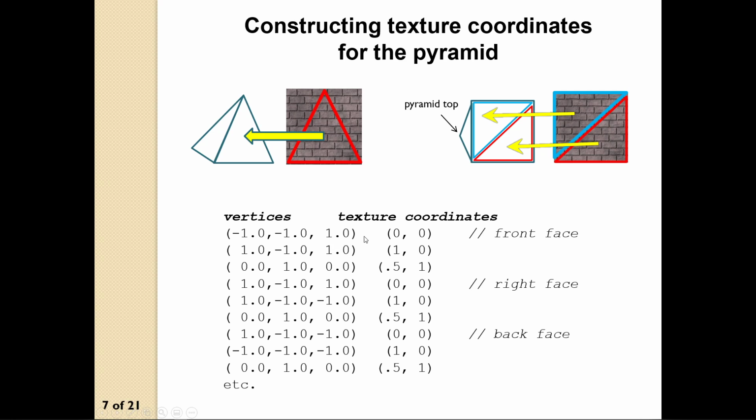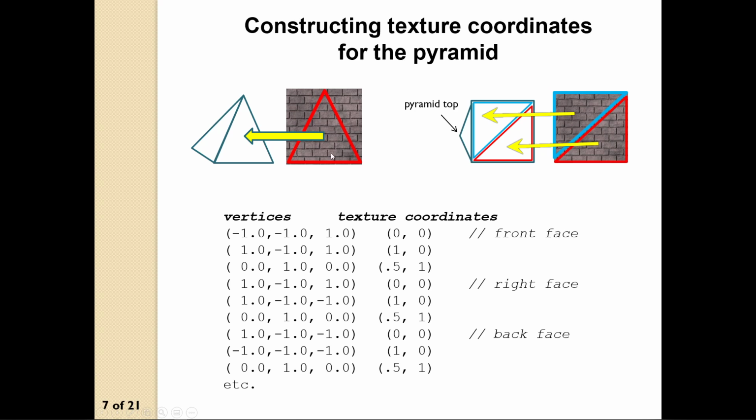So here, the front face, for example, would have its lower corner pulling the texture from 0, 0, then this next corner from 1, 0, then this one from 0.5, 1, right?